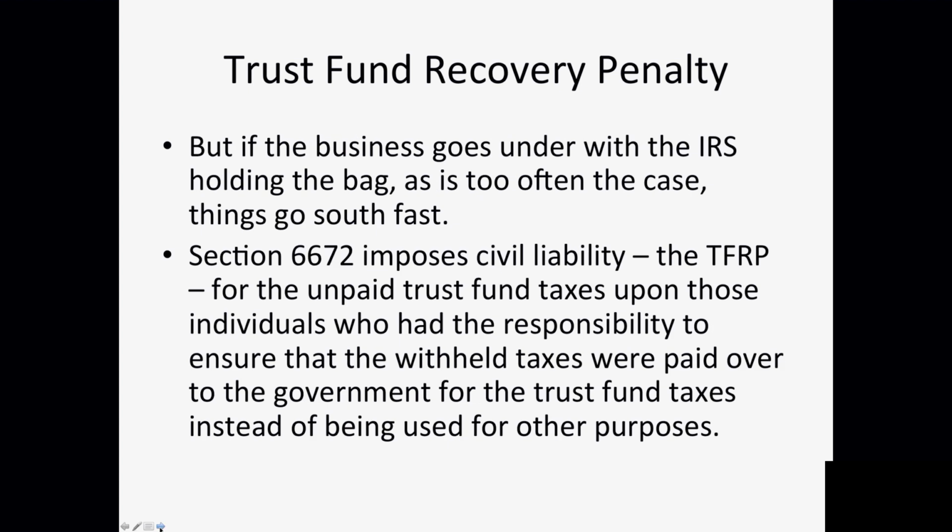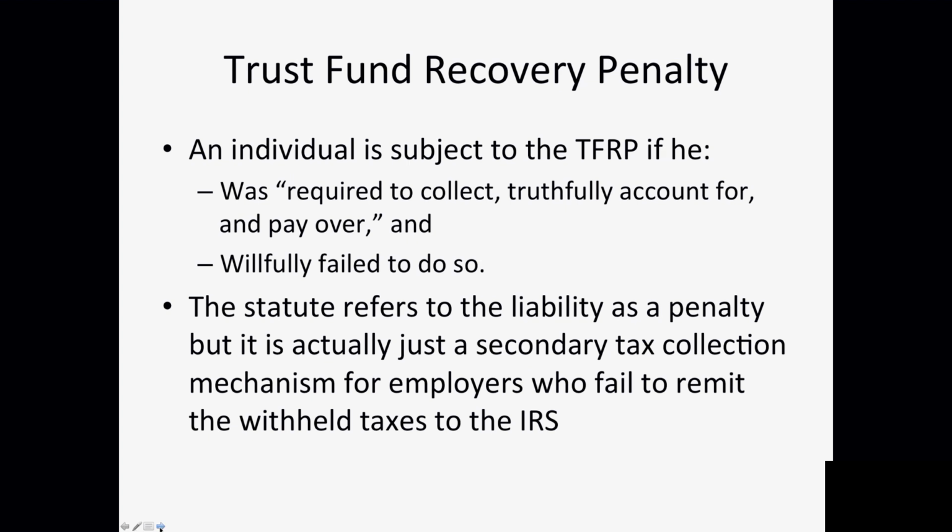But if the business goes belly up with the IRS holding the bag, as is too often the case, things go south. Now, Section 6672 imposes civil liability for the unpaid trust fund taxes upon those individuals who had the responsibility to ensure that the withheld taxes were paid over to the government instead of being used for other purposes.